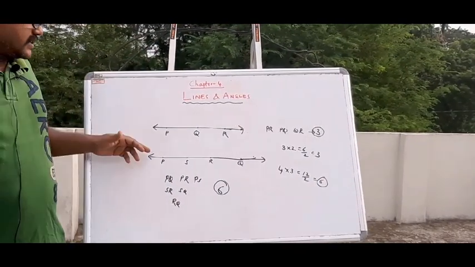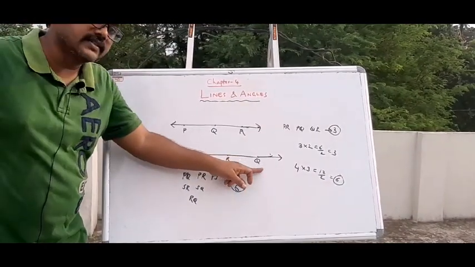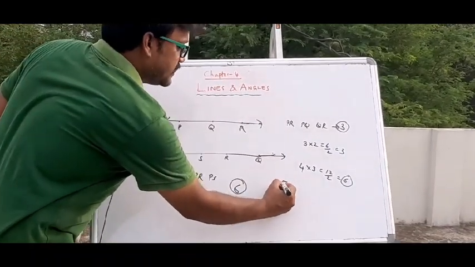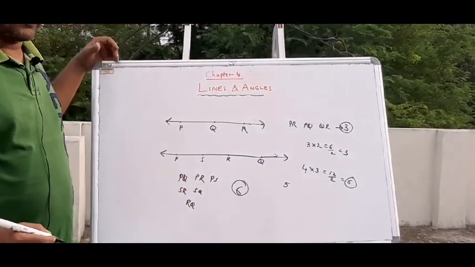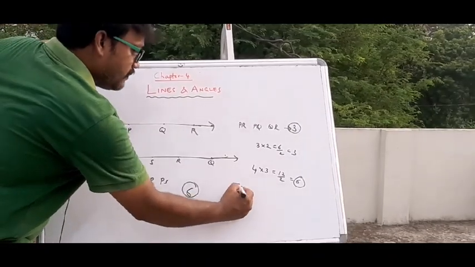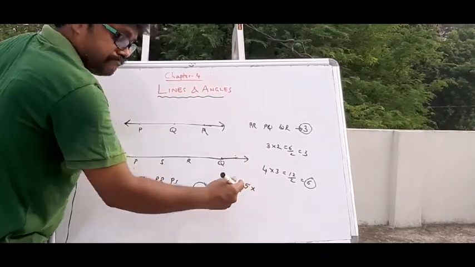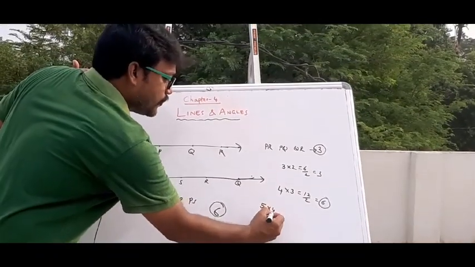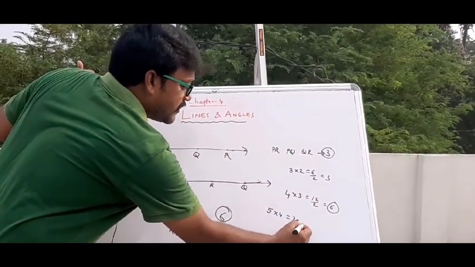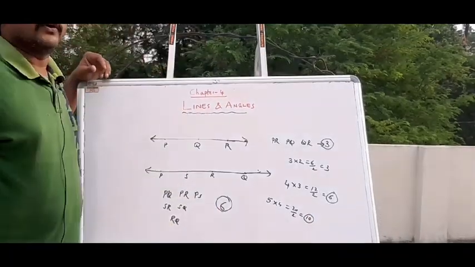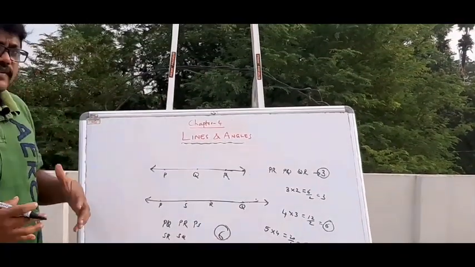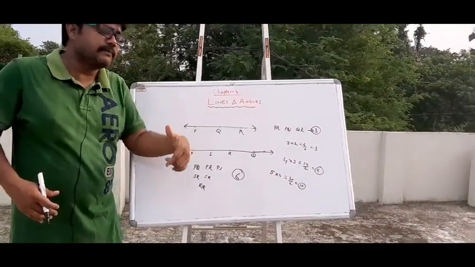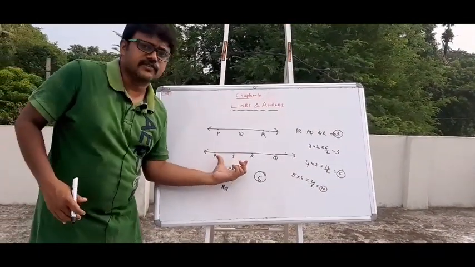So likewise, if I have 5 points on the line, number of line segments that can be obtained equal to 5, and its preceding number is 4. 5 into 4, that is 20, and make it half, that is 10 line segments you are going to obtain. So likewise, we can find number of line segments that can be obtained in this kind of situation.